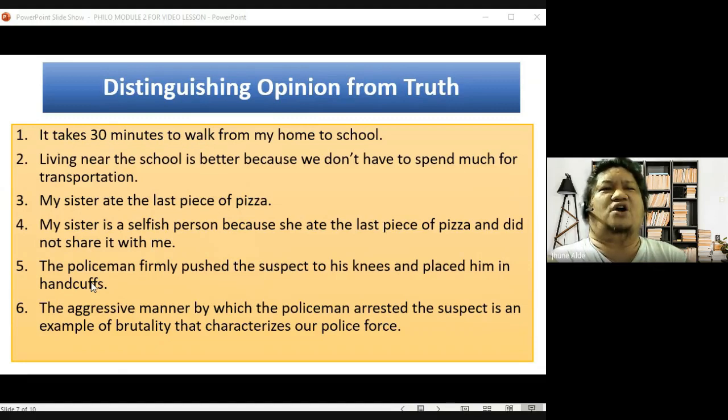Opinions are also the basis for making arguments and convincing people that a certain claim is a claim. Okay? So, pwedeng sabihin that number 2, 4, and 6 are claims and those are perspectives. It can be based on the feelings of the person who is talking. Okay?